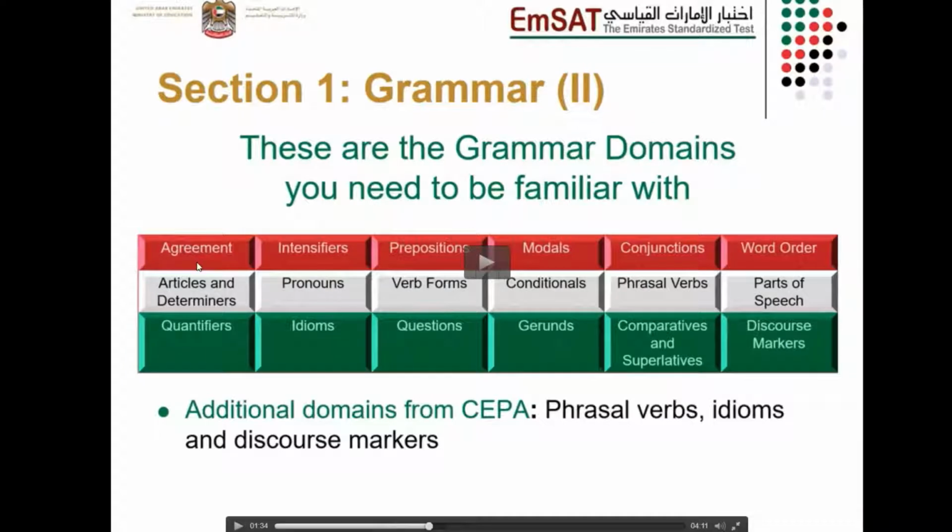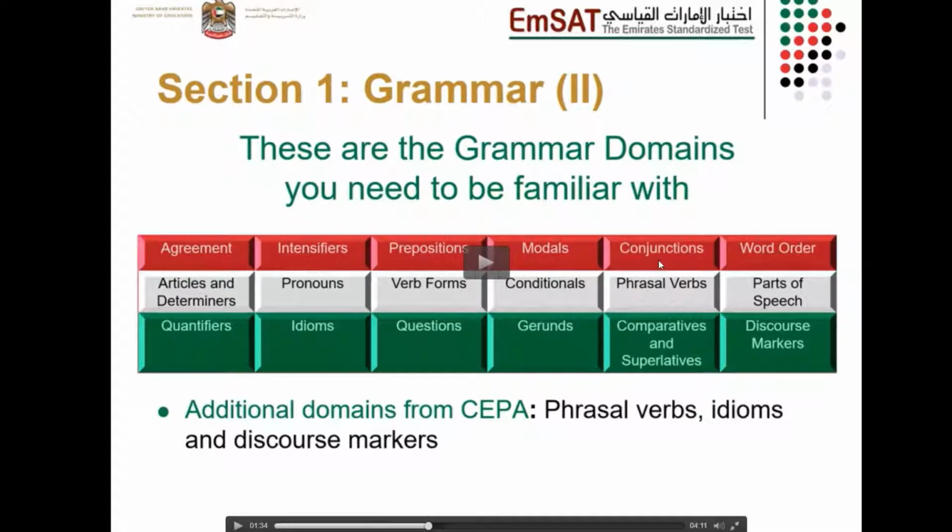One domain is agreement, like verb tense agreement, articles and determiners, qualifiers, intensifiers, pronouns, idioms, prepositions, verb forms, questions, modals, conditionals, gerunds, conjunctions, phrasal verbs, comparatives and superlatives, word order, parts of speech, discourse markers. These are the domains which will be covered in the grammar section of your test.